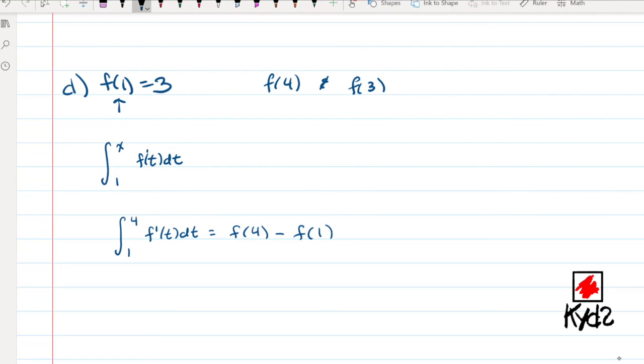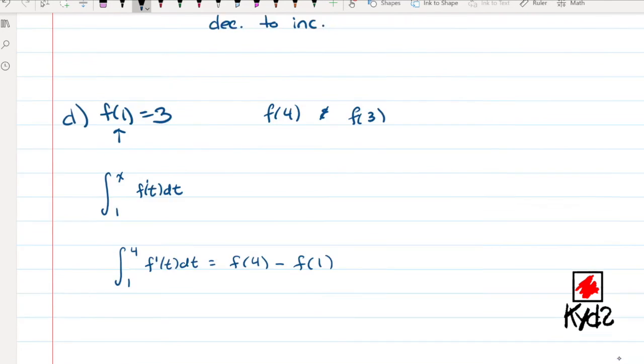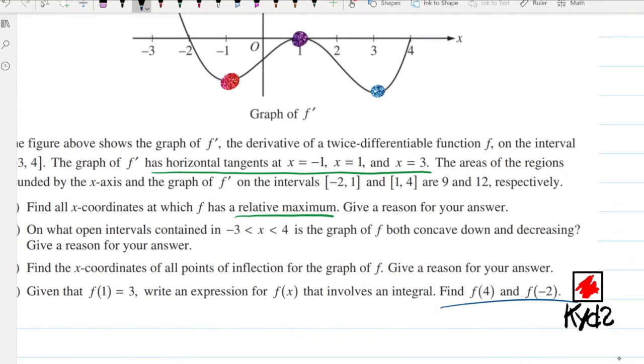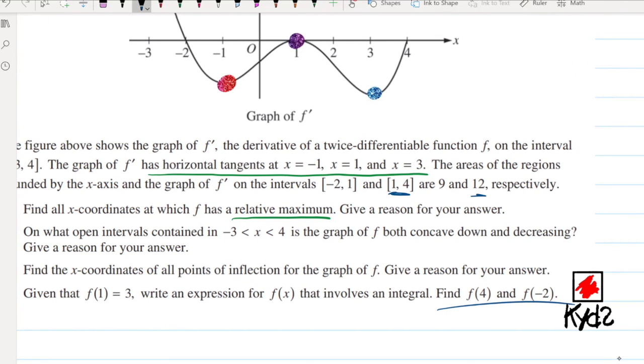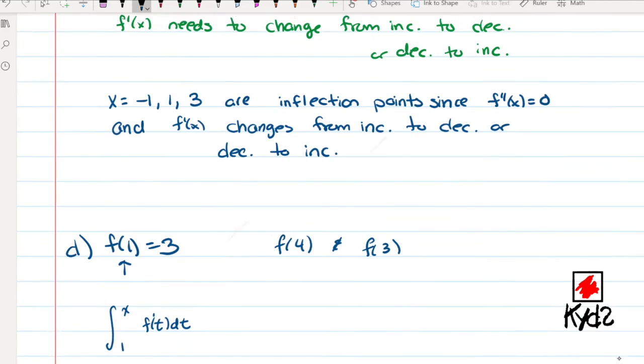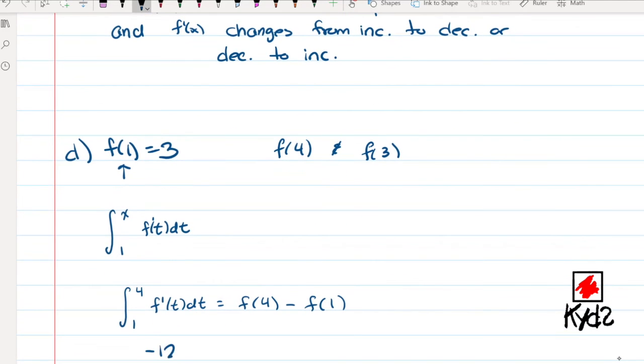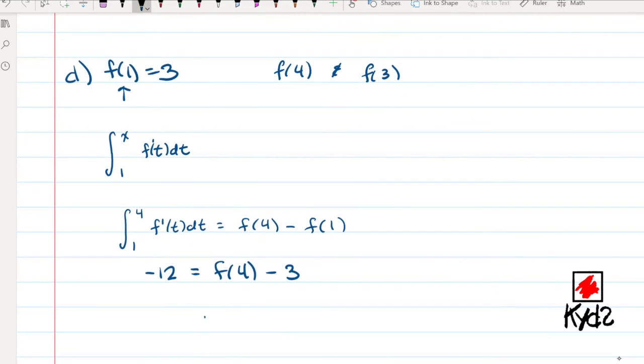So in order to find the integral from 1 to 4, it actually tells me in the problem that it's 12, but keep in mind, because it's underneath the x-axis, it's going to be negative. So this is going to be -12 is equal to f of 4 minus 3. So I get f of 4 is equal to -9.